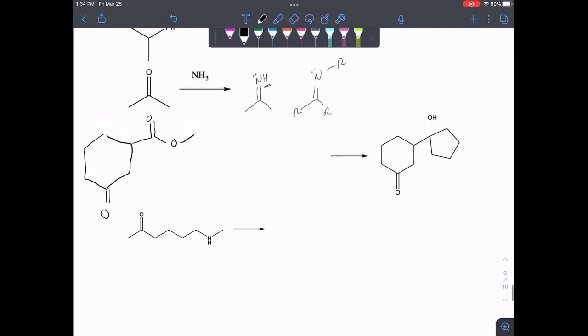So with a few steps, we're going from this molecule into that final product.